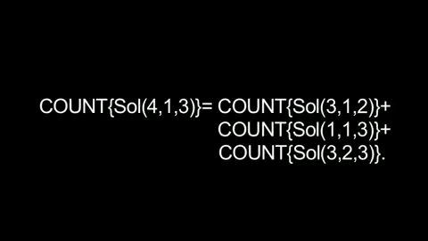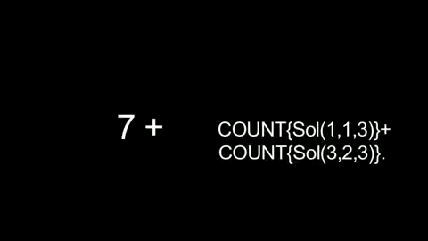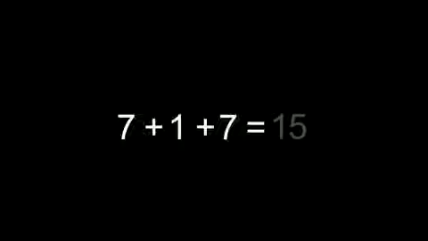The first one moving 3 disks from tower 1 to tower 2, then moving the largest disk from tower 1 to tower 3, and then moving the 3 disks that are parked temporarily on tower 2 over to tower 3. 7 plus 1 plus 7 is 15, 2 to the 4th minus 1. So that's what we have for the count for n equals 4 disks.